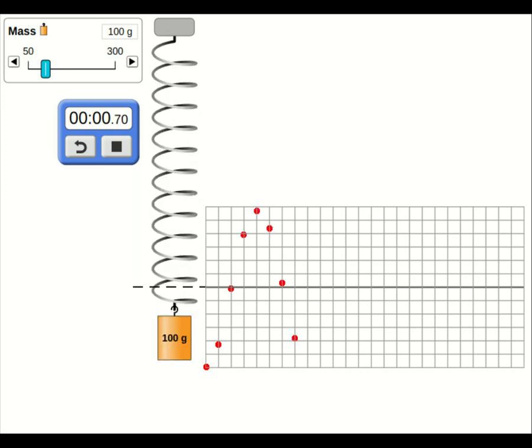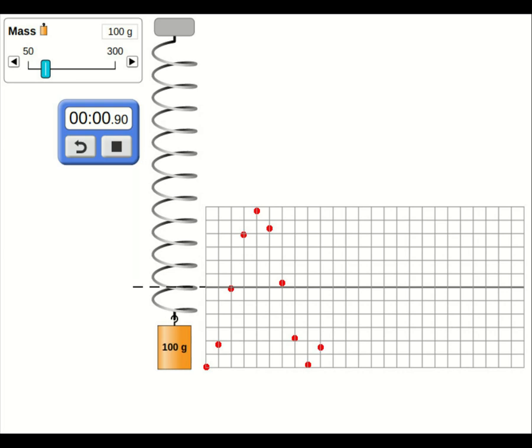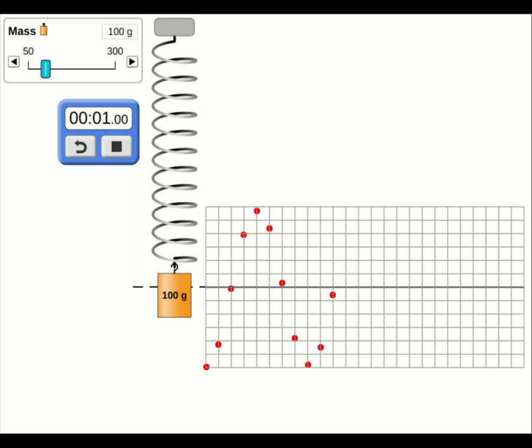We're starting to see a pattern, some sort of shape we might recognise, and of course we get a sine shape, or in this case an inverse cosine, because we started by pulling it downwards. If we'd started at 0 here, then we would have had a sine curve.